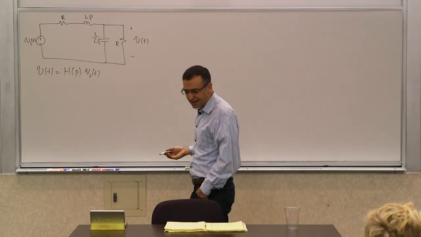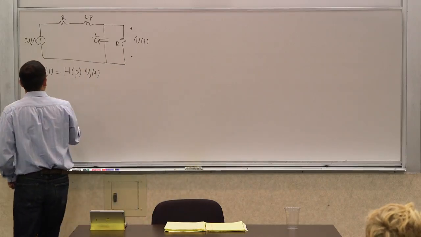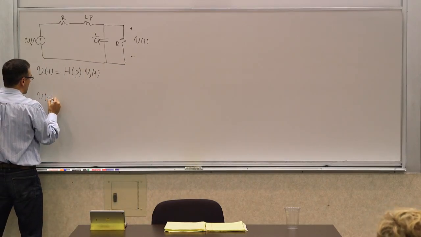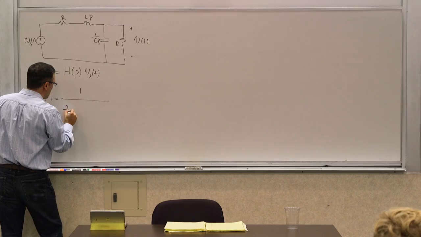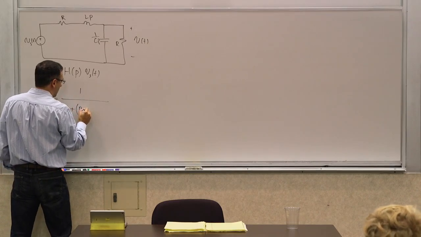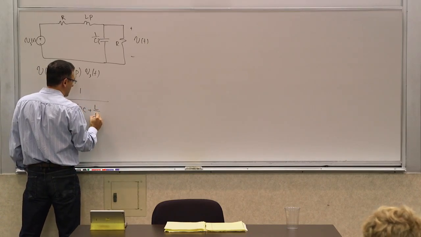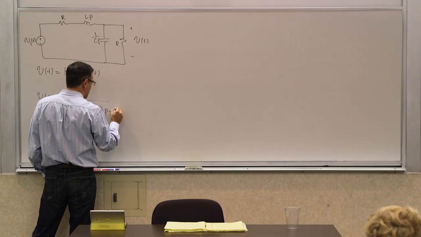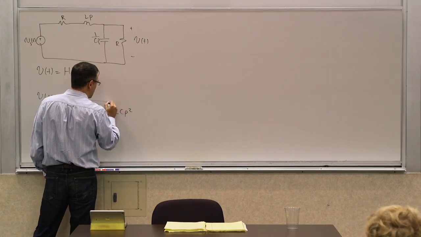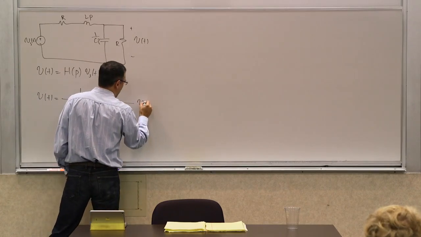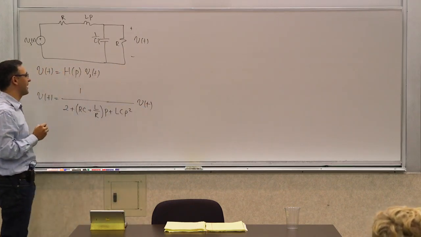We did it last time, so I'm not going to redo it. I believe V of t was 1 over 2 plus RC plus L over R p plus LC p squared, operating on Vs of t. So we did this last time.